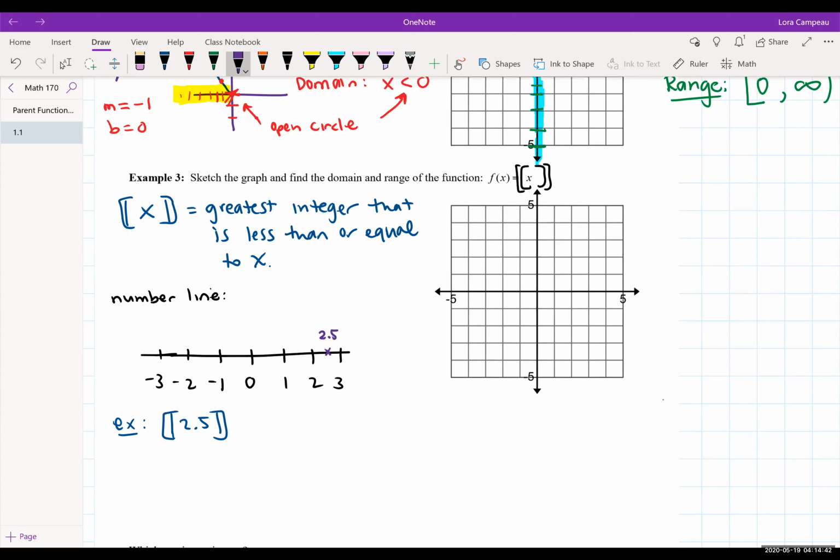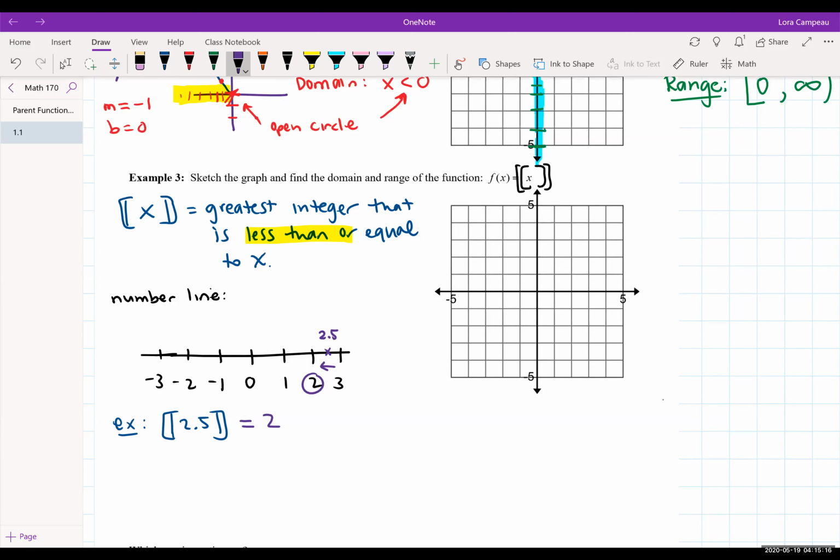And what it says is if you land in between two integers, the definition is it's less than or equal to that particular value. So what they're trying to tell us is if you land in between, you're always going to round down. And the greatest integer that is less than or equal to 2.5 is actually 2. So this would be the evaluation of that part.